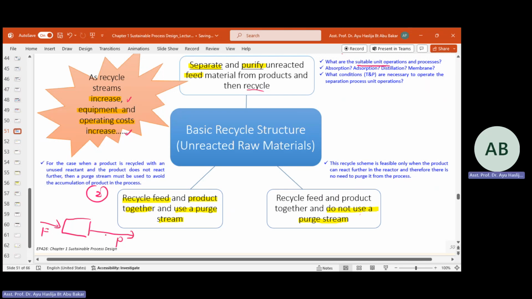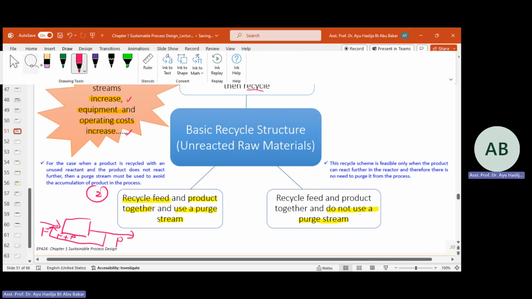Okay, you split the feed. Recycle feed and product, and use a purge stream. Okay, wait, I draw it on top.